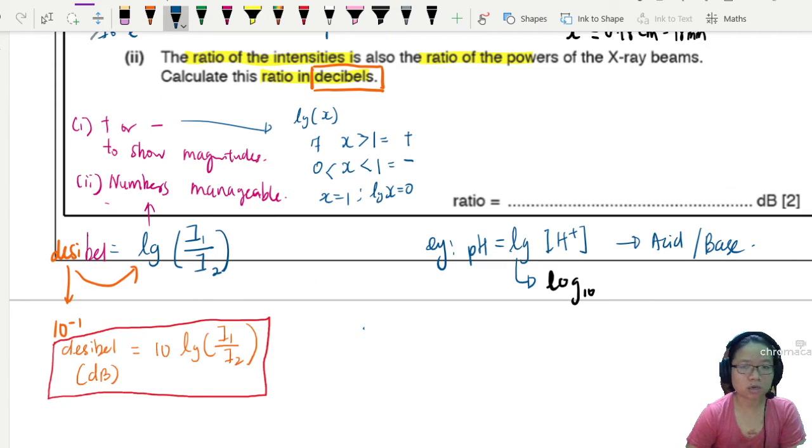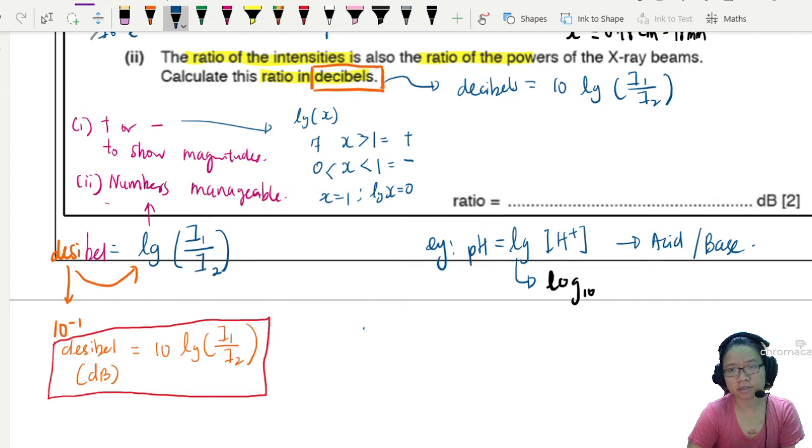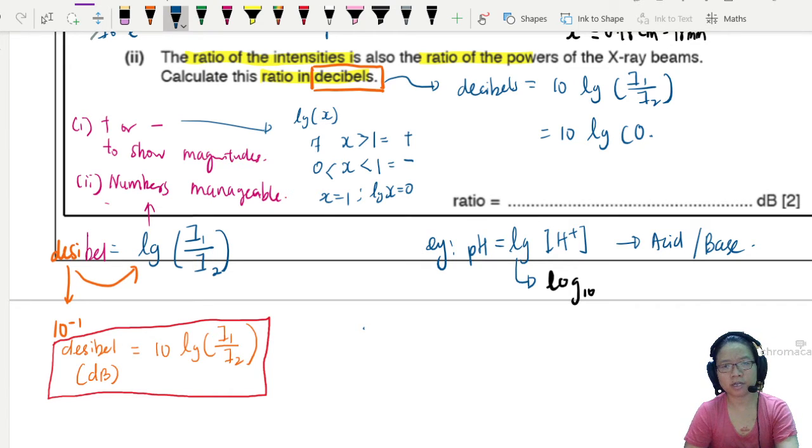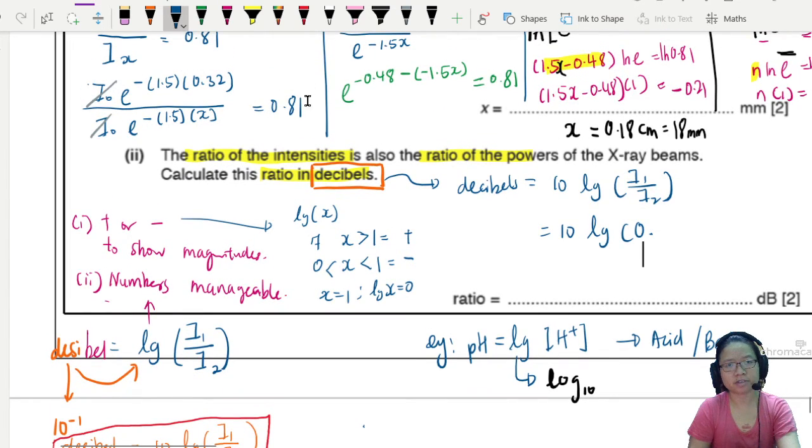Okay, so we can use this here if we want. Now if you want decibel, this will be 10 lg, the ratio of intensities, which we already have. So it's 10 log 0.81, the ratio we already have here.